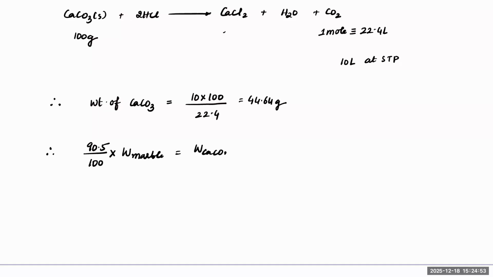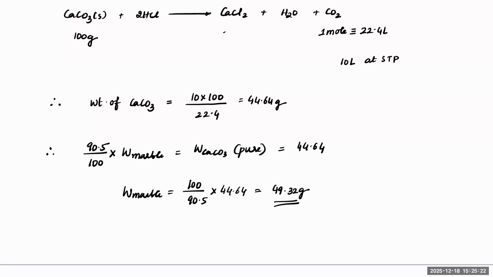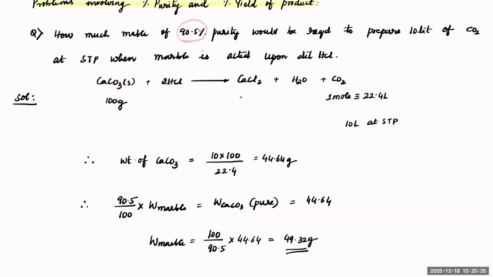Make sense? That is equal to, this is given as 44.64. Hence, the weight of the marble will be 100 upon 90.5 multiplied by 44.64. So that makes the actual weight of the marble 49.32 grams.